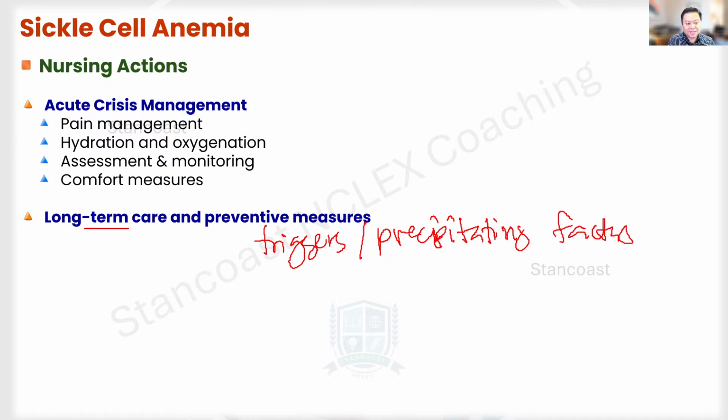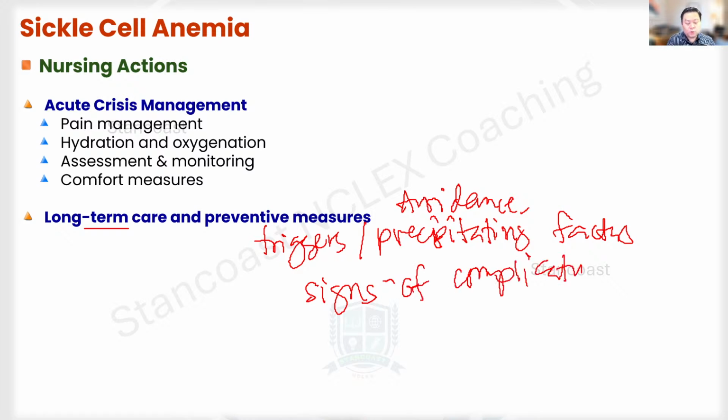We're also going to have to talk about signs of complications. And we're also going to guide them with self-care strategies: hydration, avoiding extreme temperatures, recognizing early signs of complications. So those are the things that we're going to include in the teaching.